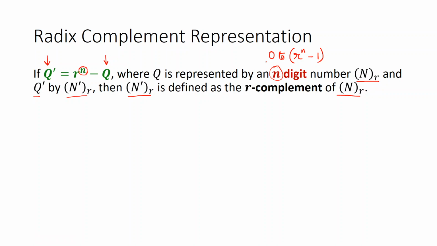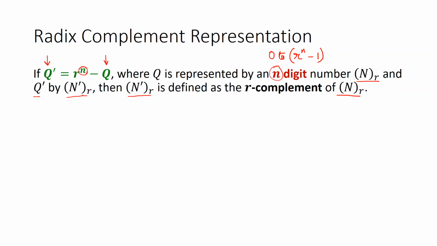So of course this q would be less than r to the power of n, hence q dashed would be a positive number again, a positive quantity. So both these numbers N and N dashed are representing positive quantities in normal binary, right? In normal binary they are representing positive quantities.